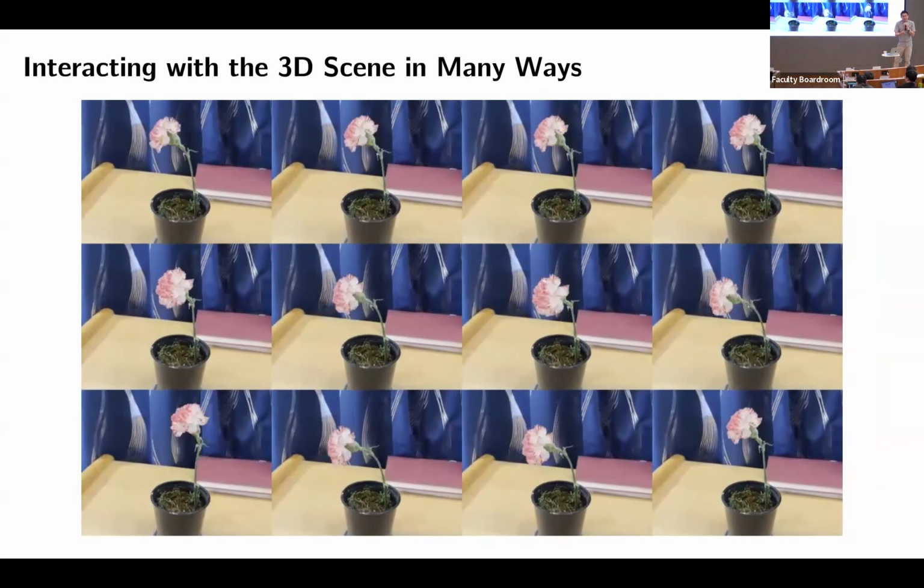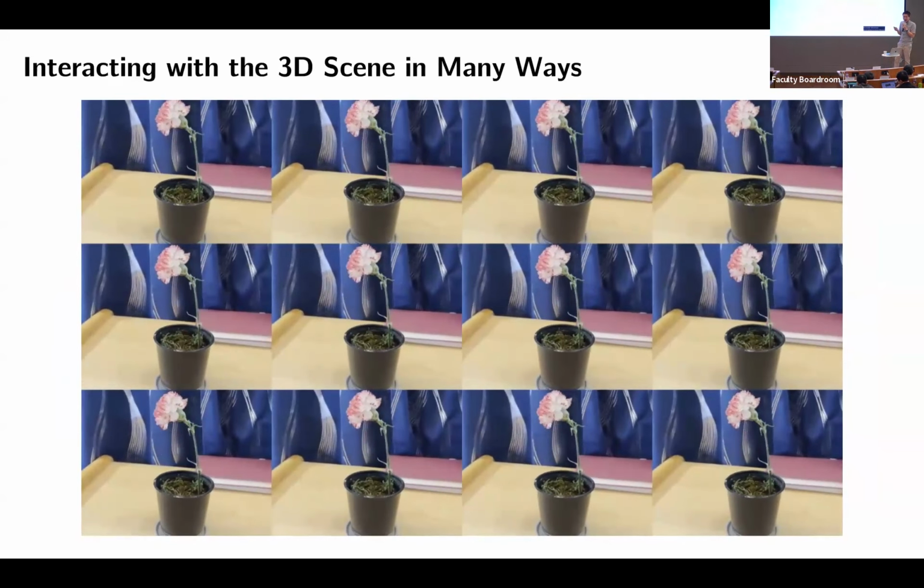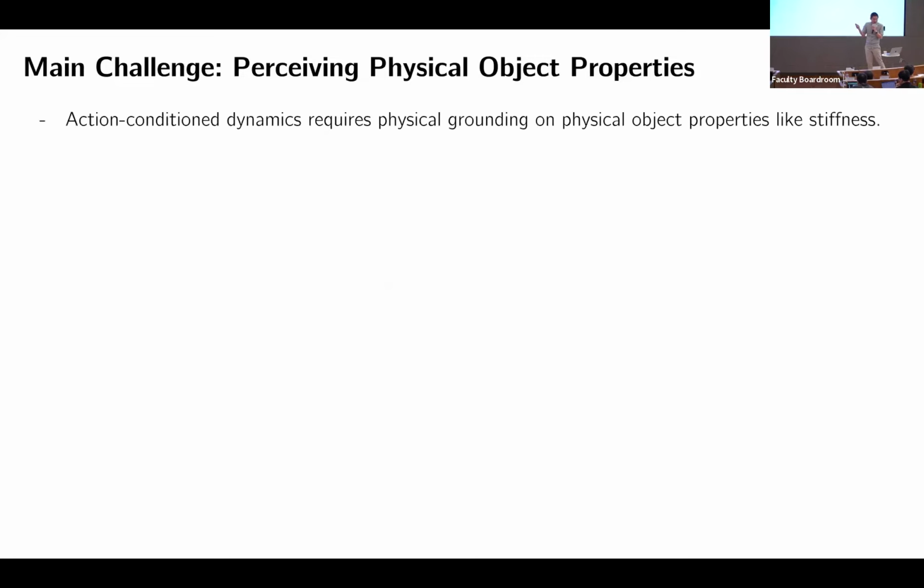So compared with the previous problems, this new problem introduces an additional challenge. That is, you now have to perceive and model physical object properties, right? So geometries and textures, they're all physics. But maybe when we say physics in a more narrow definition, we often refer to actual physical properties like densities or Young's modulus and stuff like that, right?